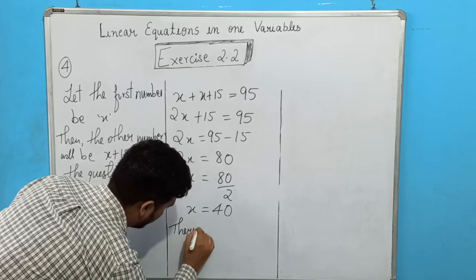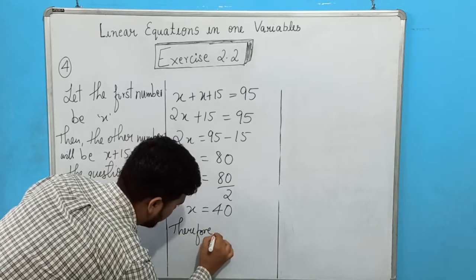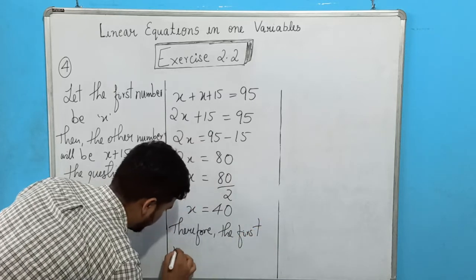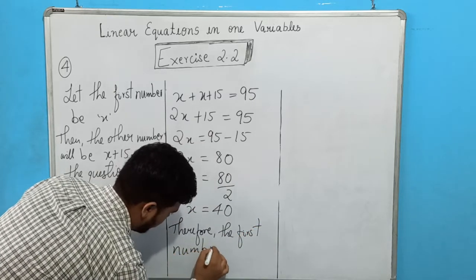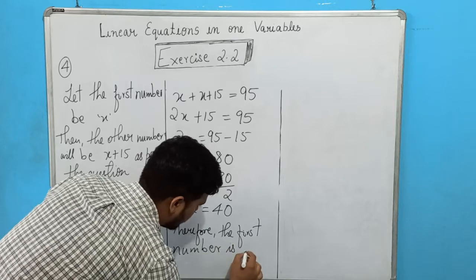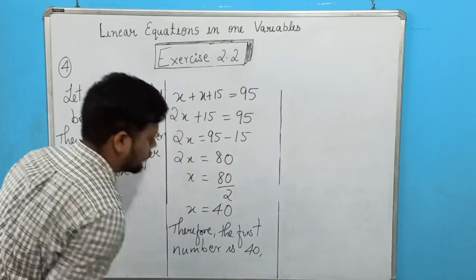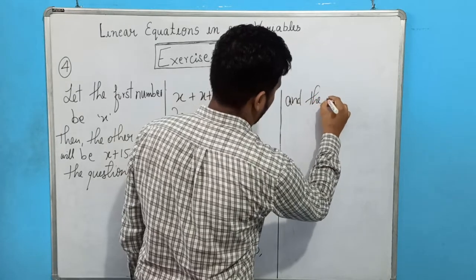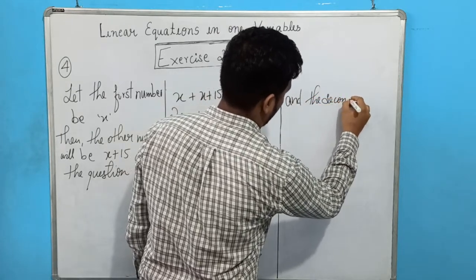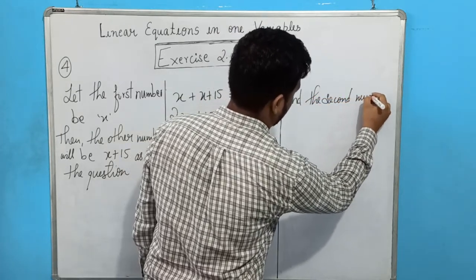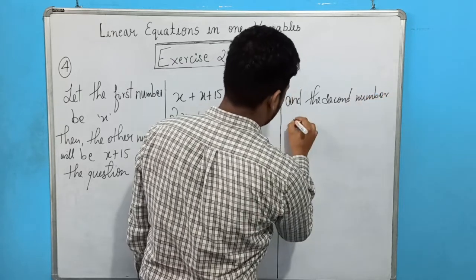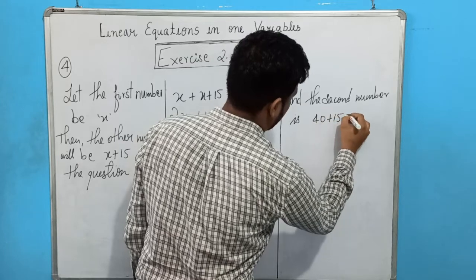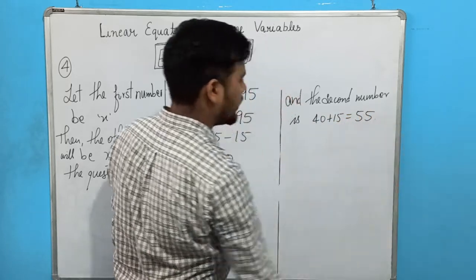Therefore, the first number is 40, and the second number is 40 plus 15, which is equal to 55.